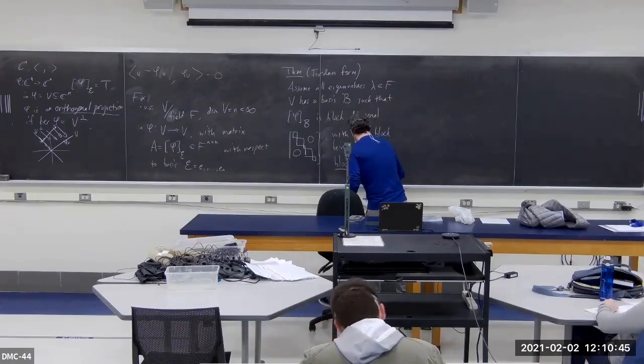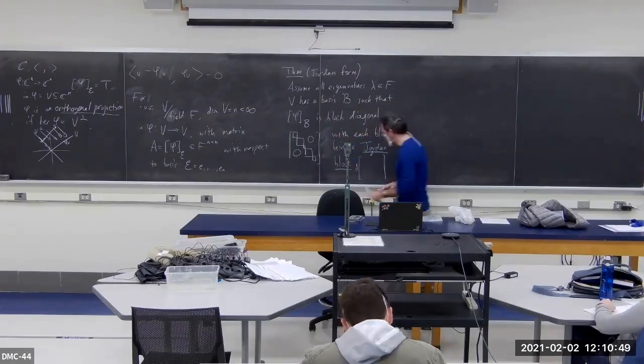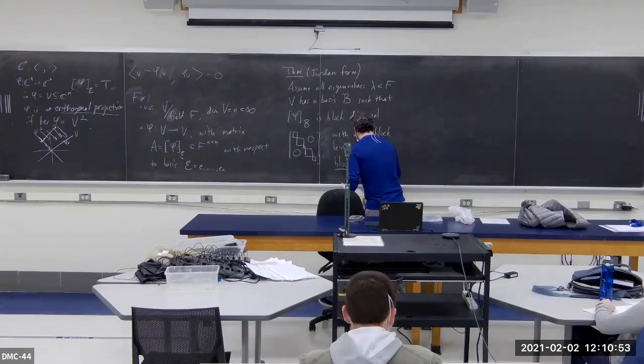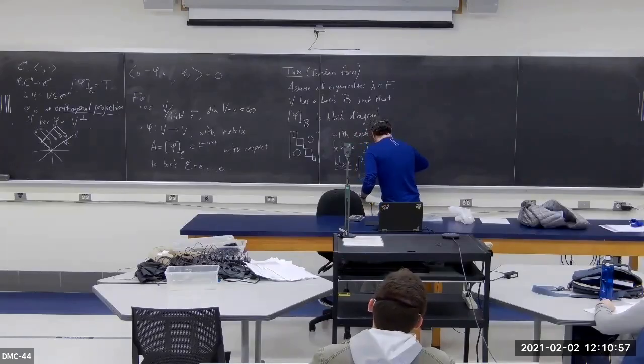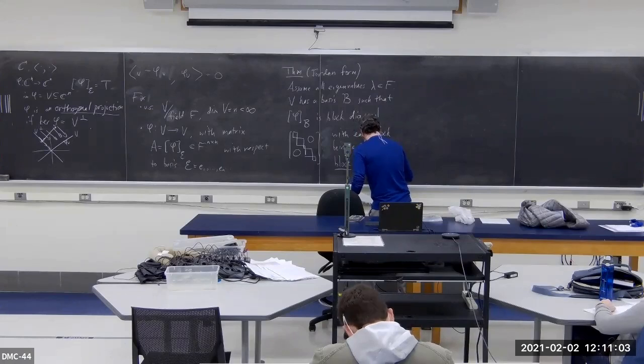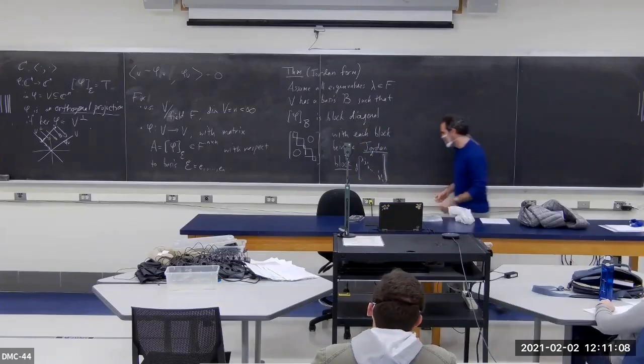They look like a square matrix here, and that's going to be D by D. And it's going to have lambdas down the diagonal, and then ones above all those lambdas, and the rest is 0.